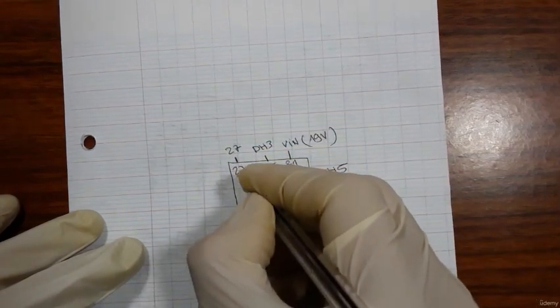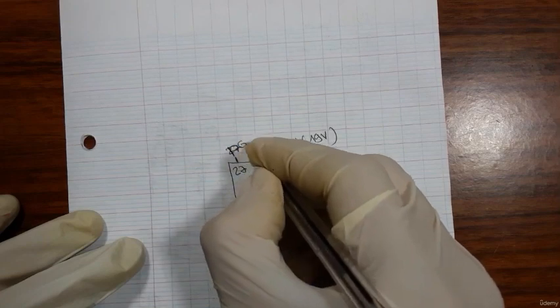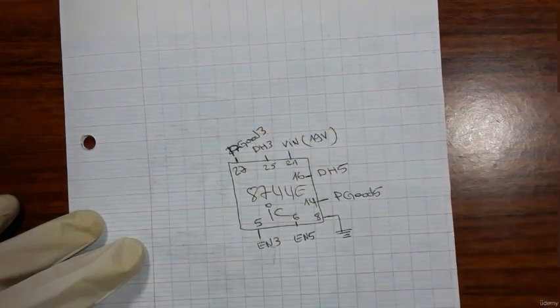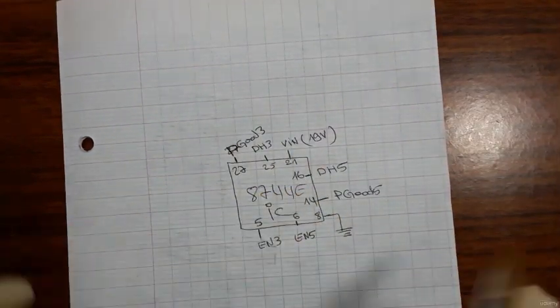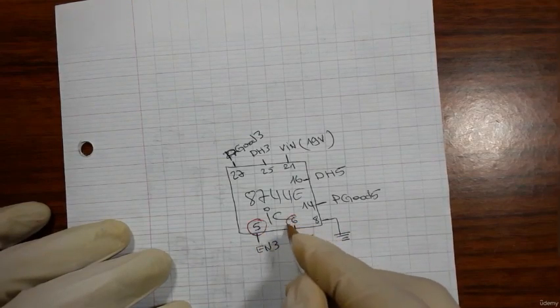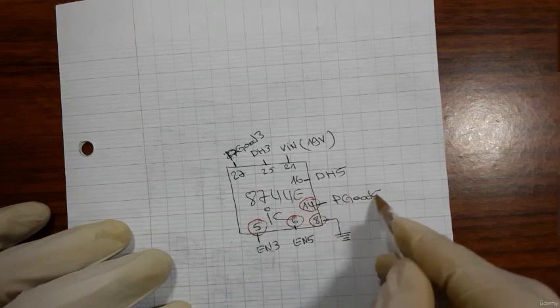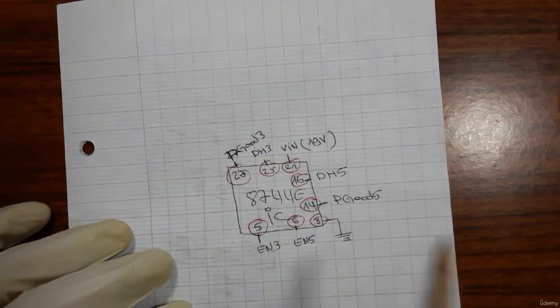Pin 27 is the power good for 3 volts. So let's check all these pins: pins 5 and 6, pin number 8 for ground, 14 power good, and pins 16, 21, 25 and 27.